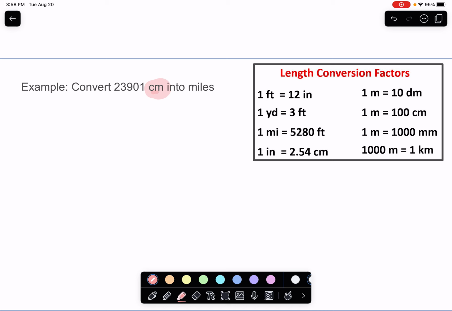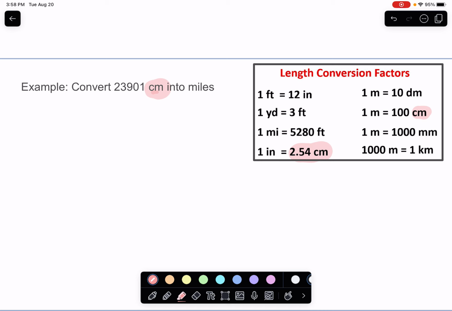So if I look in my boxes to try to come up with a way to change centimeters to miles, I have several options to start with. I could start here and change centimeters into inches. Centimeters is also over here, so I could change centimeters into meters.